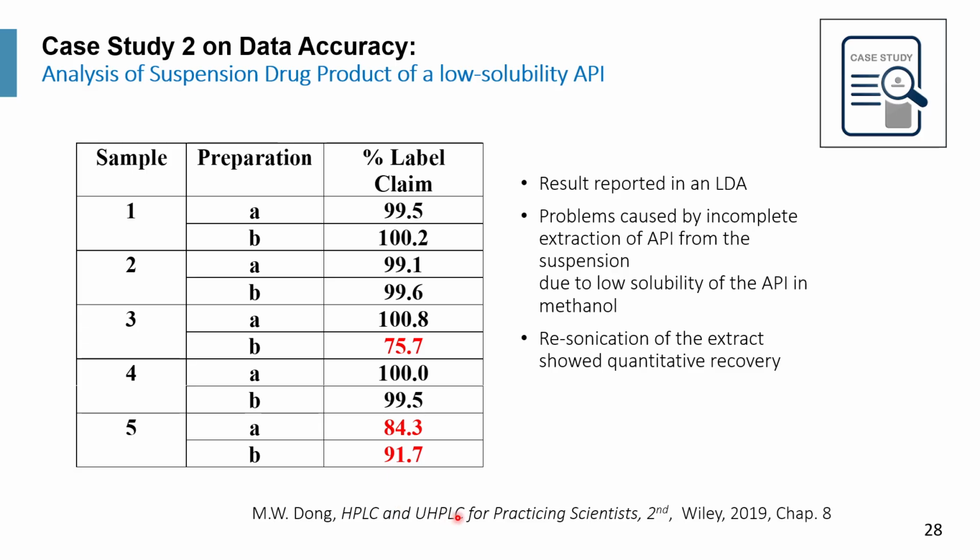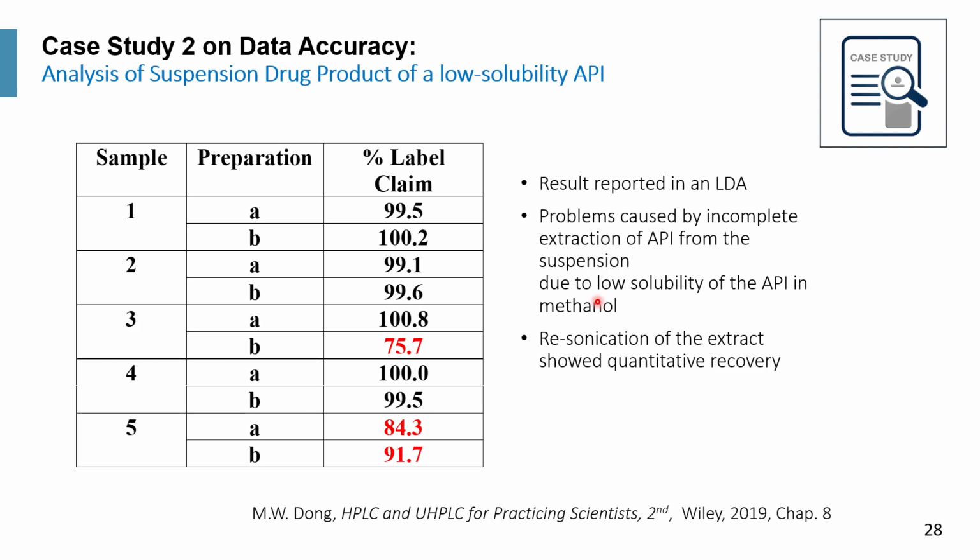Once you have that, you have to do a laboratory data analysis, LDA. The manager looked at the data and examined the system suitability, which was okay, and finally traced the problem to incomplete extraction. The procedure called for ultrasonication of the suspension to extract the drug quantitatively.